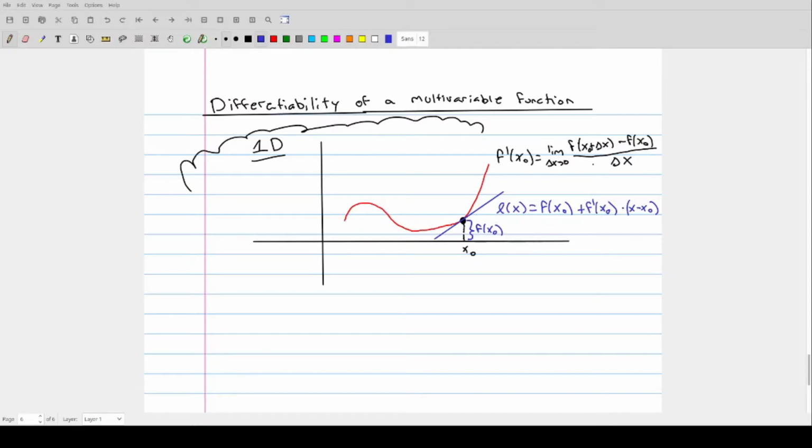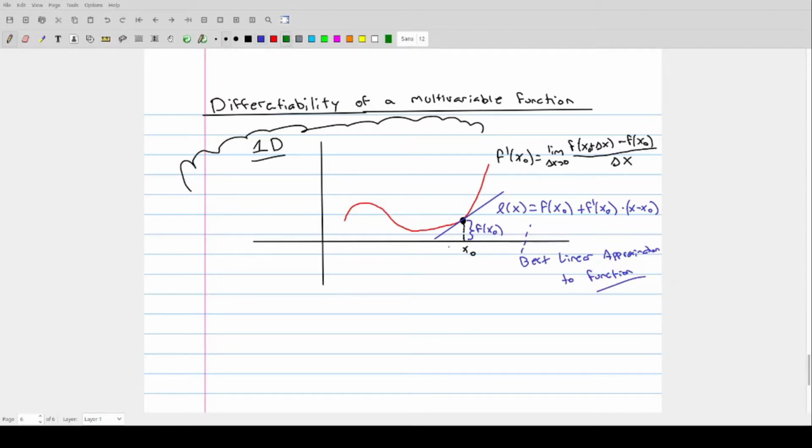But if this limit exists, then this L of x is the best linear approximation to the function at the point.